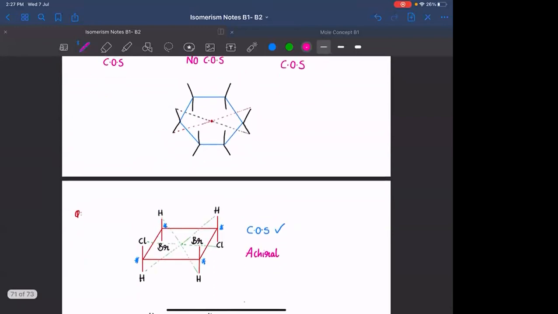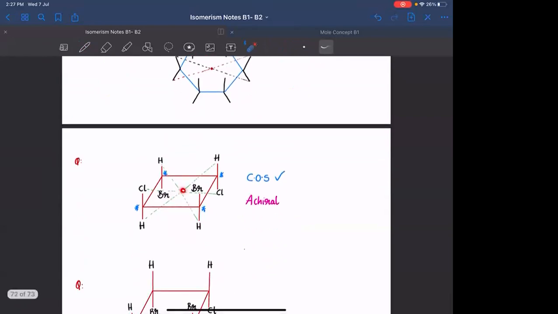Okay. Is this clear? What is meant by center of symmetry? You need to see from the center of symmetry reference point. You need to see the diagonally opposite ends. If the groups are same, all the groups are same, then the molecule is said to have center of symmetry.